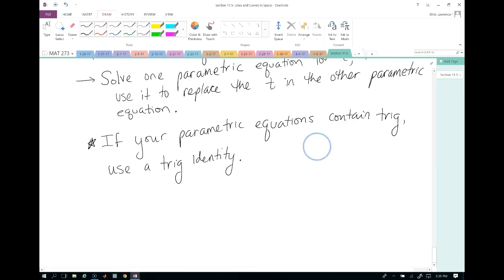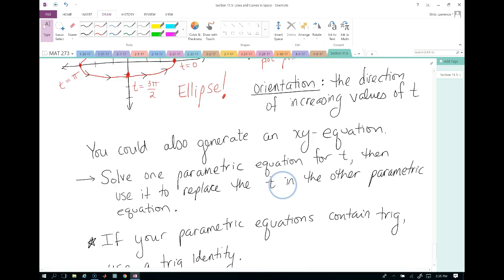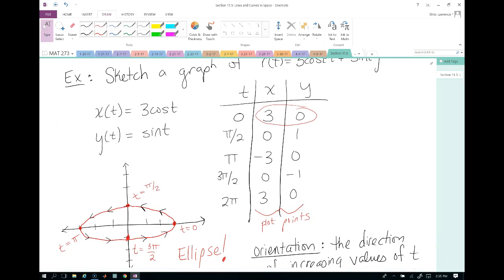So the one that pops into my mind with sine and cosine is the Pythagorean identity: sine squared theta plus cosine squared theta equals 1. Really what we use for the angle doesn't matter. This equation is going to allow me to take both of my parametric equations and put them into just one equation. The way that we get them in there is we're going to solve these equations for sine and cosine.